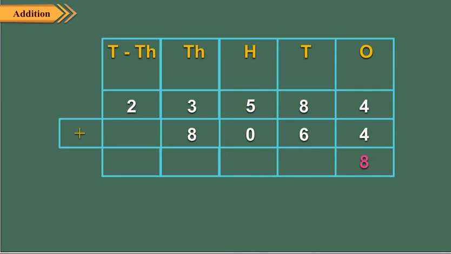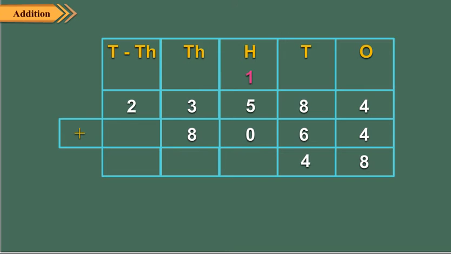Write 8 in the ones place. Add tens. 8 tens plus 6 tens is equal to 14 tens. We regroup 14 tens as 1 hundred 4 tens. So write 4 in the tens column and carry over 1 to hundreds column.